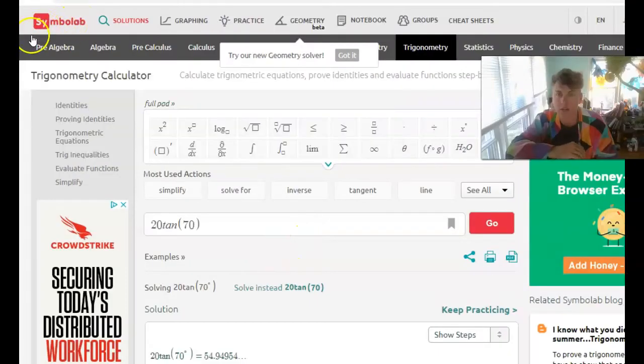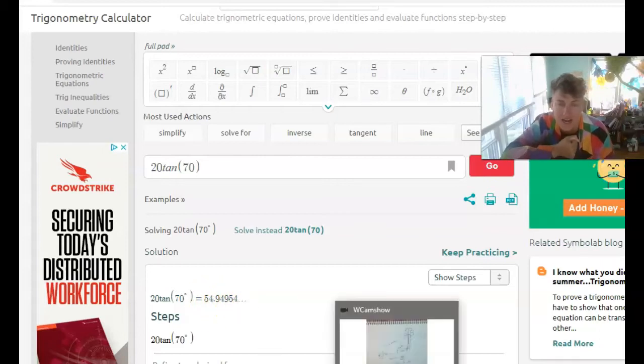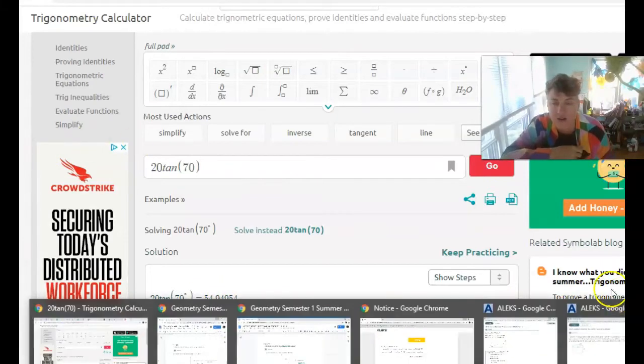Again, we're still over here in Symbolab. I typed in 20 tan 70, plugged it in, and got 54.9. Let's round to the nearest tenth, shall we? So we'll say 54.9 feet is how tall our tree was.